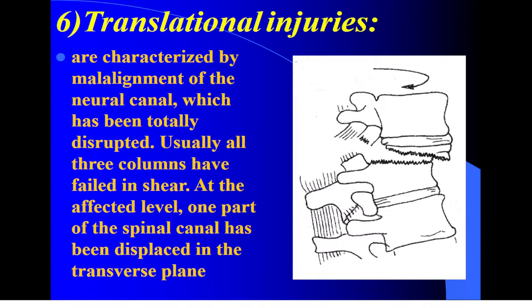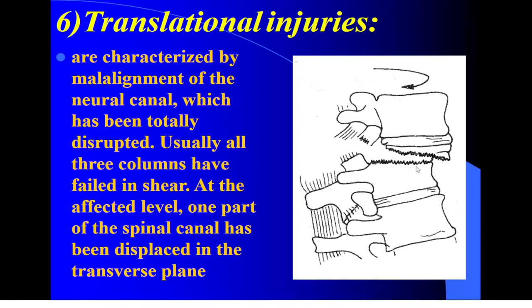Translational injuries are quite similar to the Chance fracture if you talk about the mechanism of the trauma, and for that trauma all three supporting columns become damaged. The mechanism of the trauma is high energy trauma, a car accident, a hit from the back or front, plus usually that force is combined with flexion or extension. So the line of the fracture does not pass through the vertebra alone.